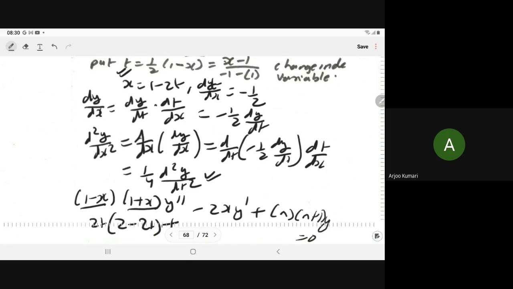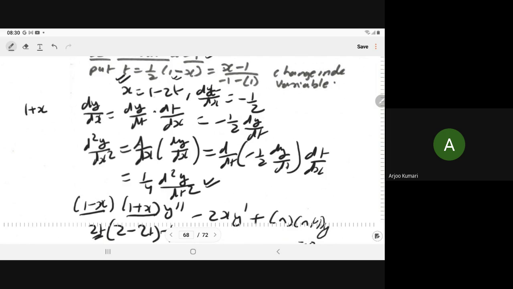So 1 minus x gives us 2t, and 1 plus x, since x is equal to 1 minus 2t, is 1 plus 1 minus 2t, that is 2 (1 minus t). So here we have the 2, right?